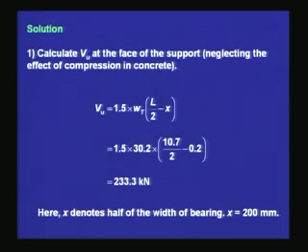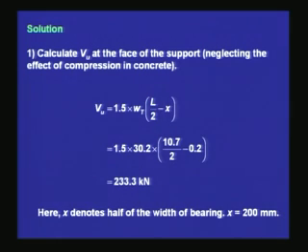The first step is to calculate the shear demand Vu at the critical section. Here, neglecting the effect of compression in concrete, we are calculating Vu at the face of the support.